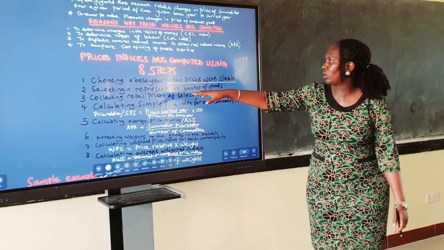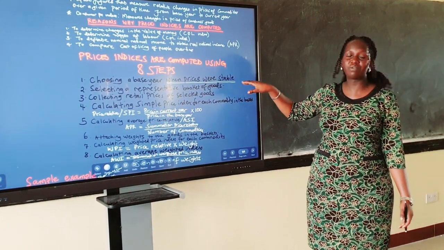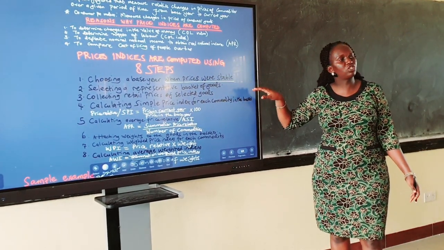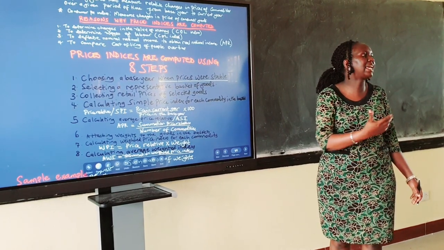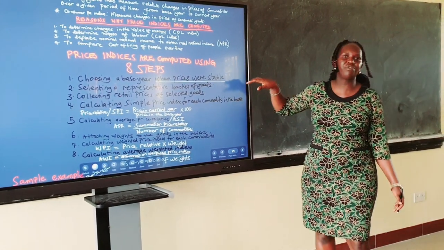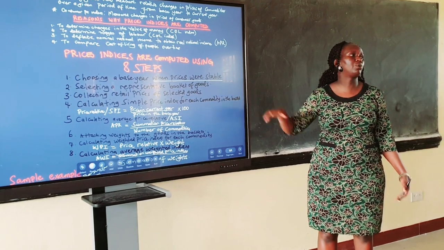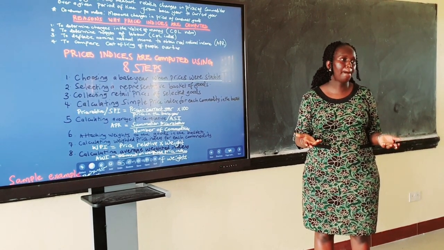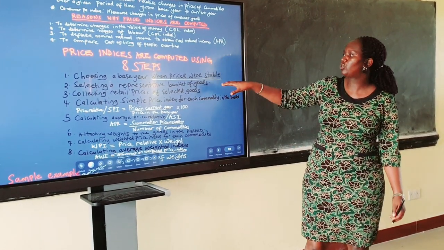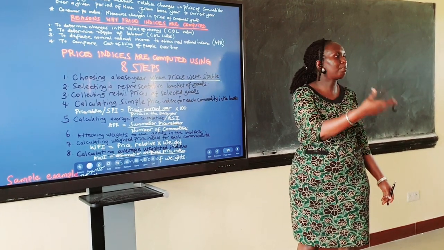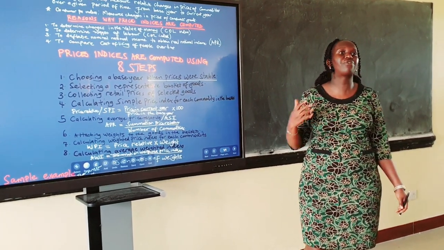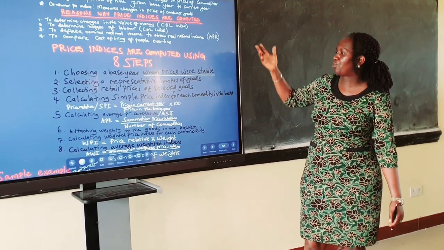When we come to collecting retail prices of selected goods, we have a challenge because some prices are determined by bargaining. It becomes difficult to collect prices. We also have issues where a region can have different prices for a given commodity from another region.